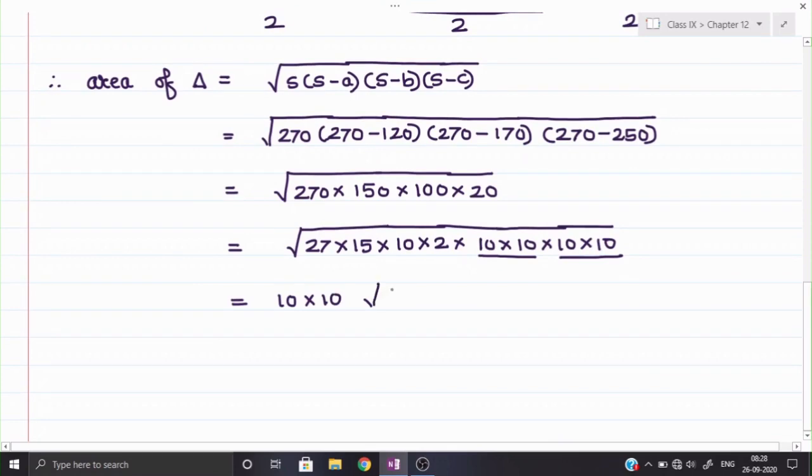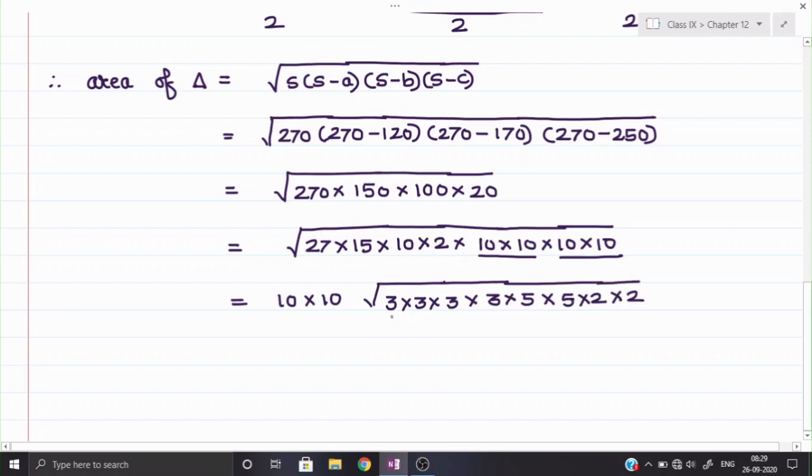Now what is remaining inside? 27 we can write as 3 into 3 into 3. Similarly 15 I can write as 3 into 5, and 10 I am writing as 5 into 2, and one 2 is remaining along with us already.